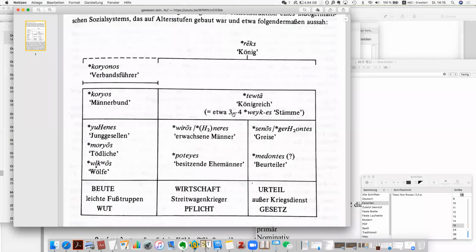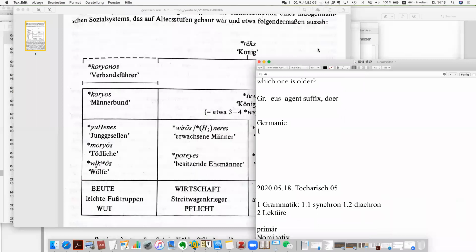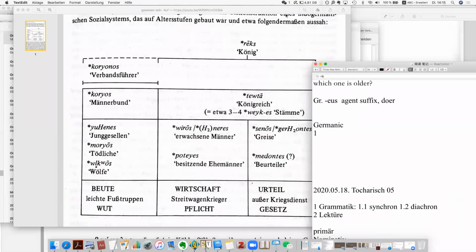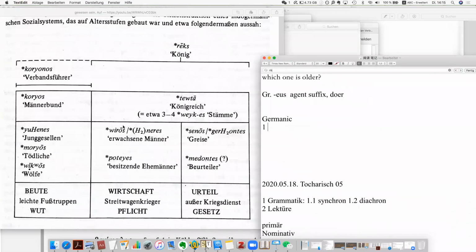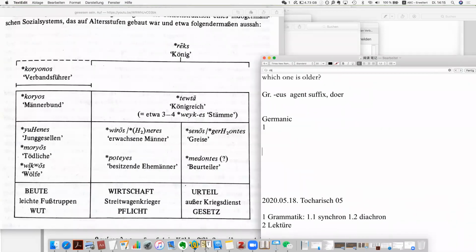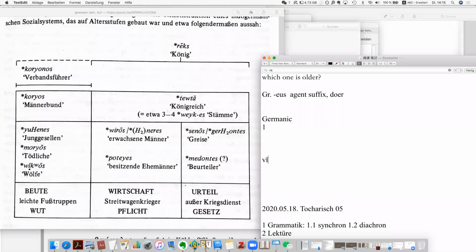Among the king's people, there are men, viros, which is Sanskrit vira, like mahavira.